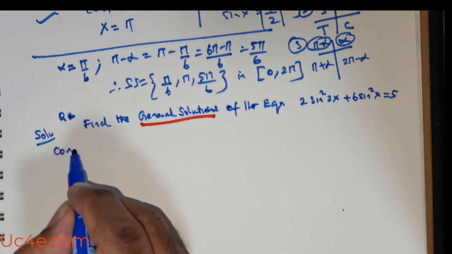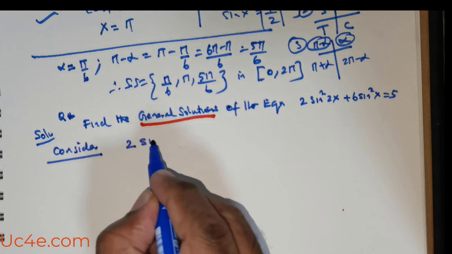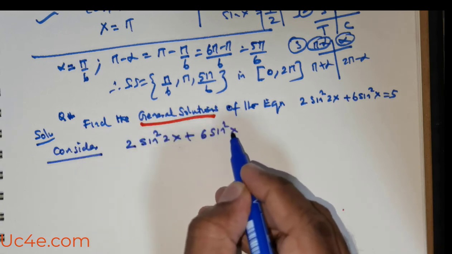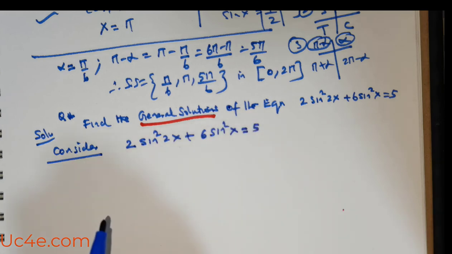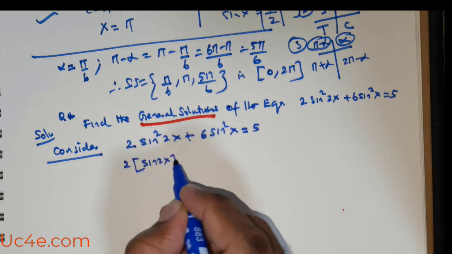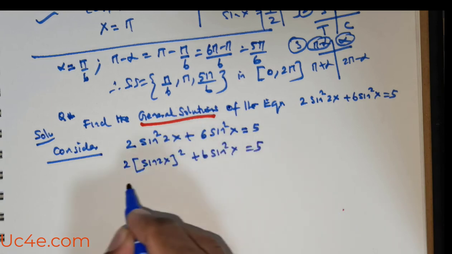So what I would do is start off by considering 2 times sine squared 2x plus 6 times sine squared x is equal to 5. Now I would like to write this as sine 2x raised to the power of 2 plus 6 times sine squared x is equal to 5.